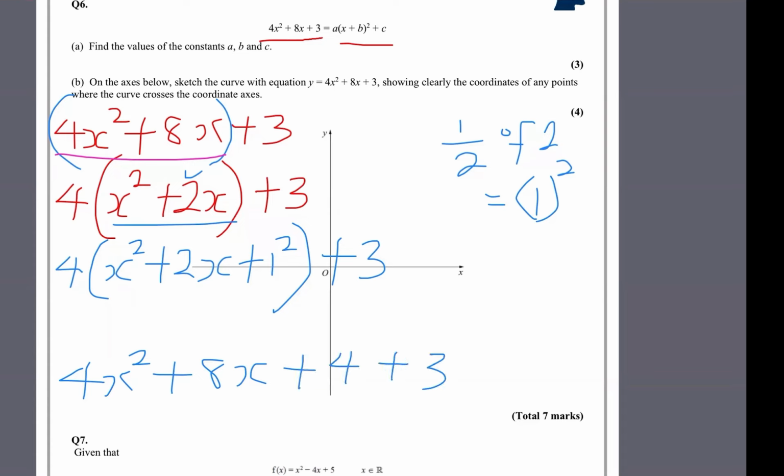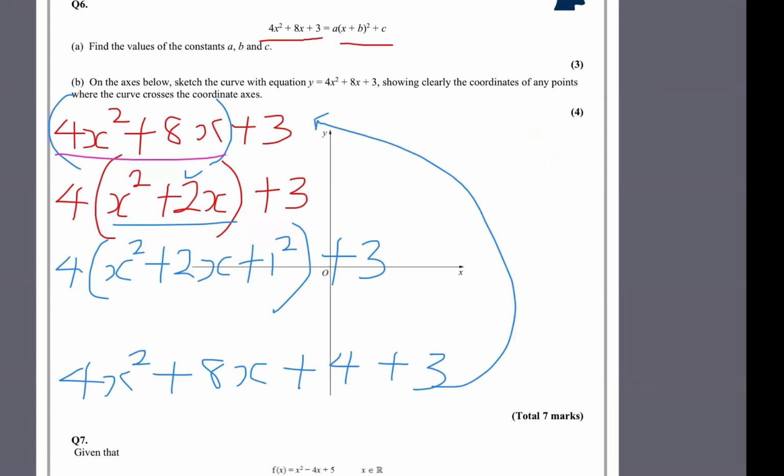Which you would all agree with me is different from the original question, which was 4x squared plus 8x plus 3. So there is an intruder, and the intruder in this form is the plus 4, which was introduced. So if the plus 4 leaves, we have our question intact.